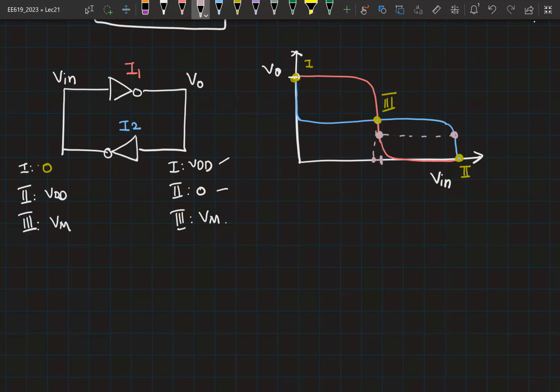Now if the output of I2 has decreased, this is the input for I1, which means now you are here on the curve, which means now the output of I2 has gone to VDD. So from the midpoint voltage, I slightly increased my Vn and it has gone all the way to VDD. If I had slightly decreased Vn, this would go all the way to 0, right? So this way, this node is metastable.